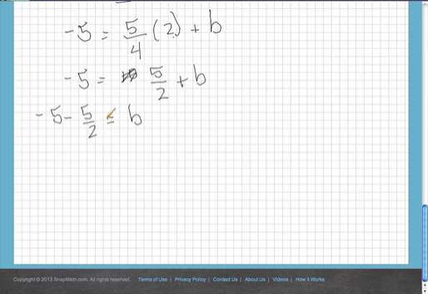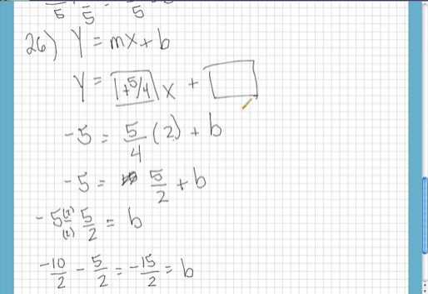Let's give these a common denominator. The common denominator is 2, so we're going to multiply by 2/2. -5 times 2 is -10, that's over 2, minus 5/2. That simplifies to -15/2, and that of course was equal to b. So this is going to be our y-intercept. Let's plug that in.